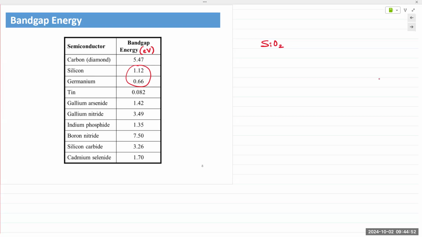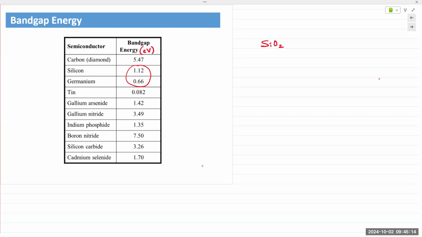Take a look at carbon, 5.47 electron volts. The gap is so large that it cannot be breached just by normal application of an electric field. At room temperature, carbon is not a semiconductor in the normal sense.